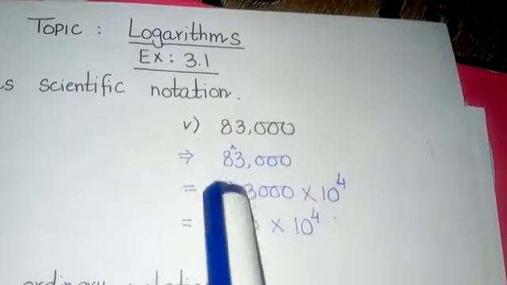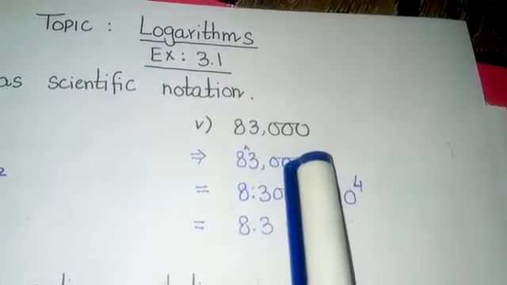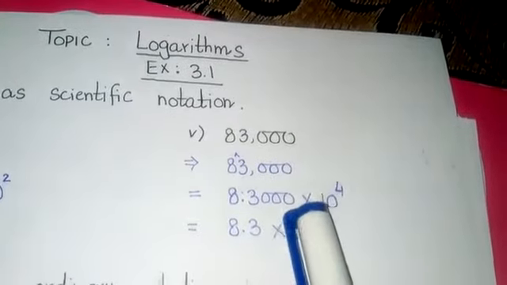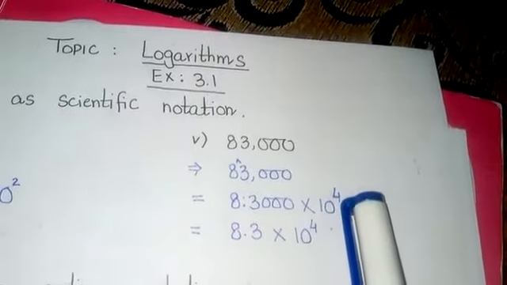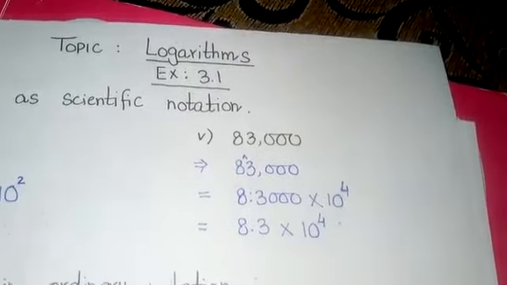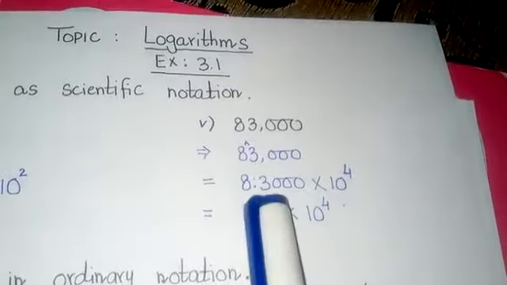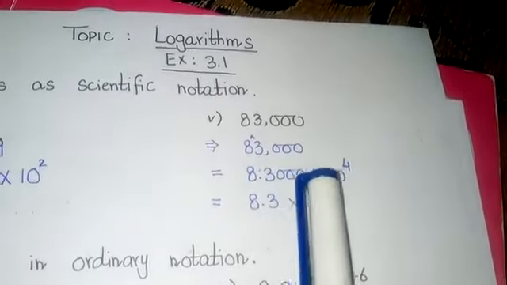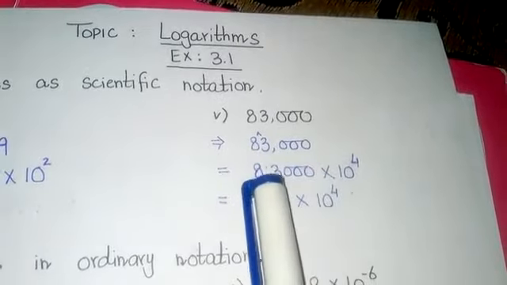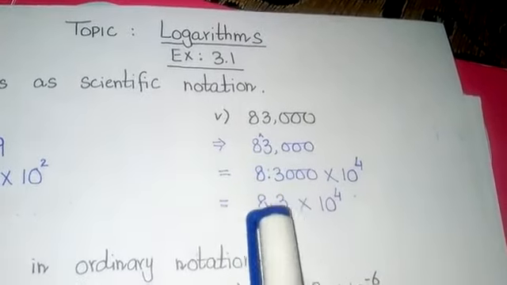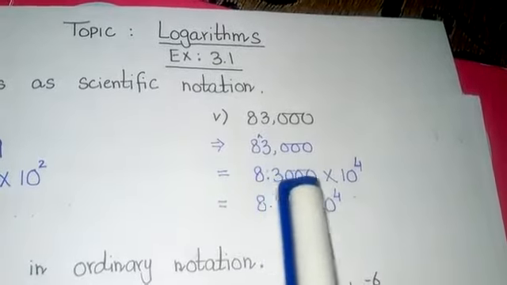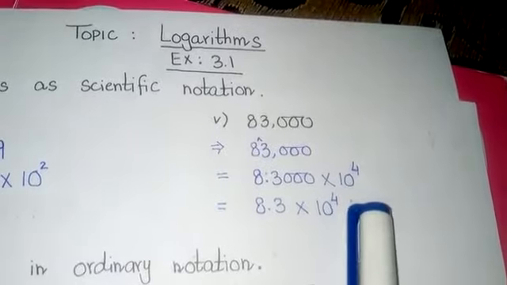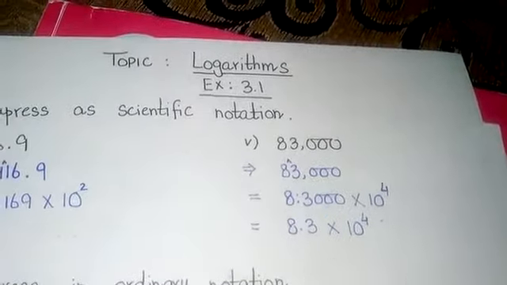Now how many digits have you shifted the point? 1, 2, 3, 4. You have shifted the point 4 digits, so it becomes 10 raised to power 4. And you all know that the zeros at the end of the decimal have no significant value. So 8.3000 means 8.3. We can ignore these zeros. So it becomes 8.3 into 10 raised to power 4. I hope this topic is clear to you.